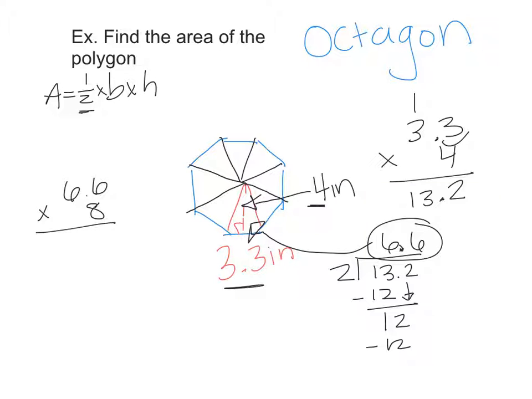I could add those all up, or I could multiply them, which is just repeated addition. 8 times 6 is 48. 8 times 0.6 is 4.8, so that's 48, 49, 50, 51, 52. Move my decimal.